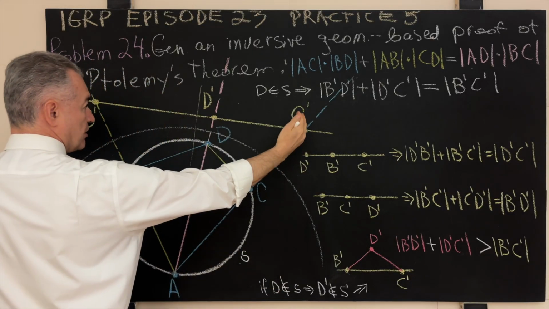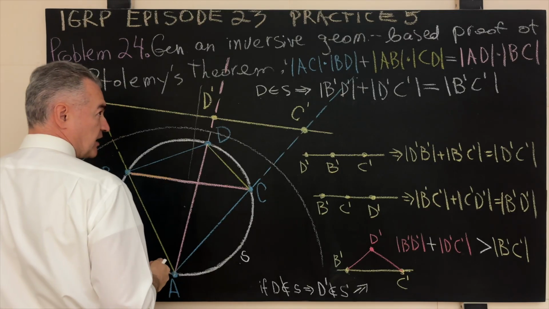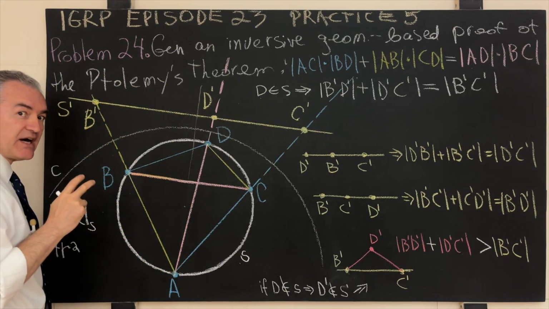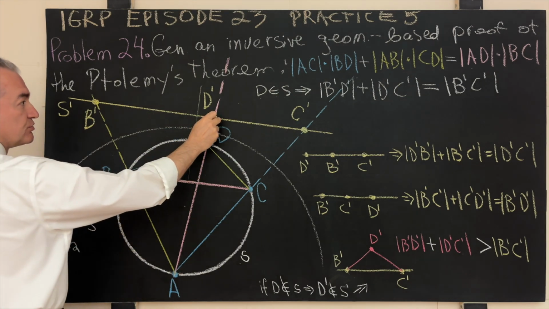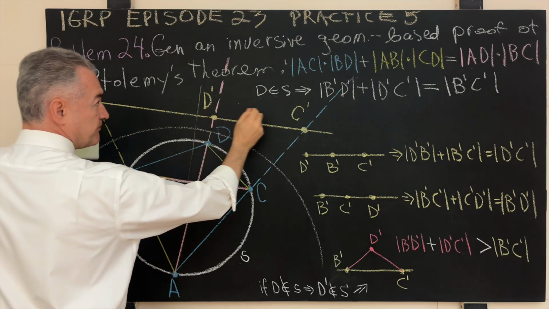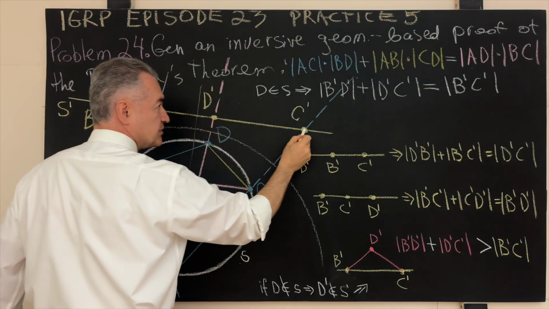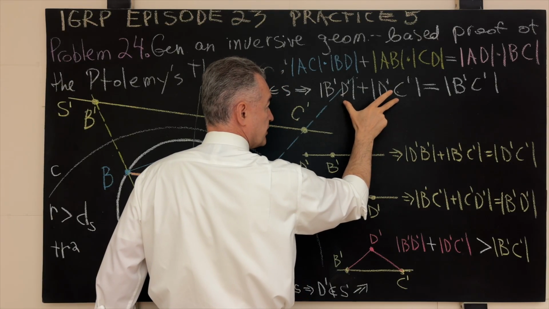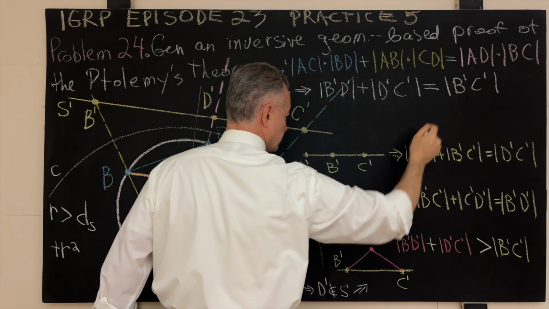This is the largest, in a way, line segment across the three line segments. And this line segment is partitioned or tiled tight with no gaps and no overlaps by the point D prime into the following two line segments: the line segment B prime D prime, and the line segment D prime C prime. The sum of the length of these two line segments produces the line segment B prime C prime.